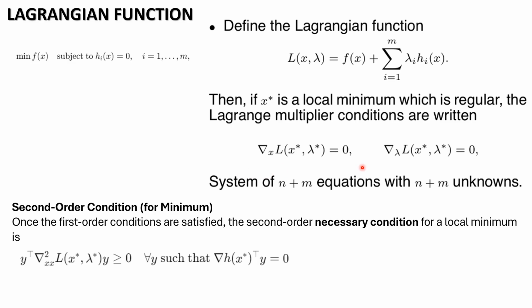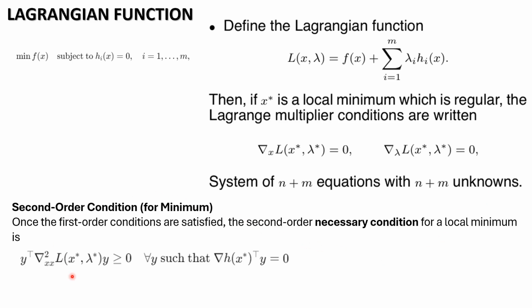This is for stationarity and this one for feasibility, in which the first is the gradient with respect to x and the second with respect to lambda, and this is for h of x star equal to 0. And we are receiving a system of n plus m equations in n plus m unknowns, the components of x star and lambda star.